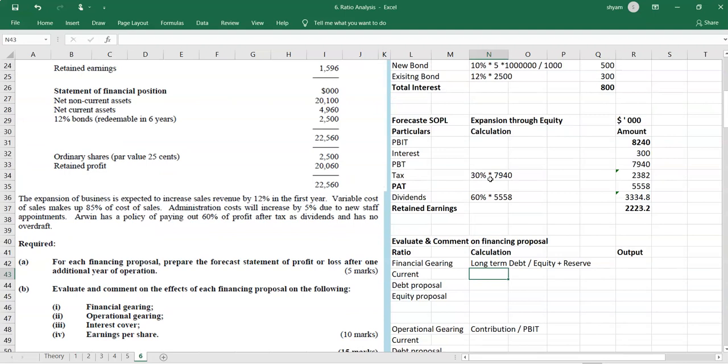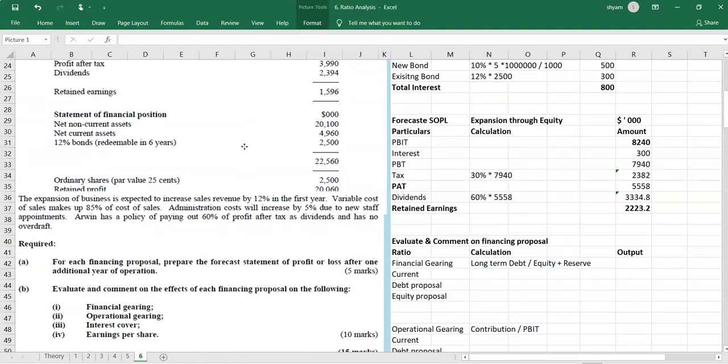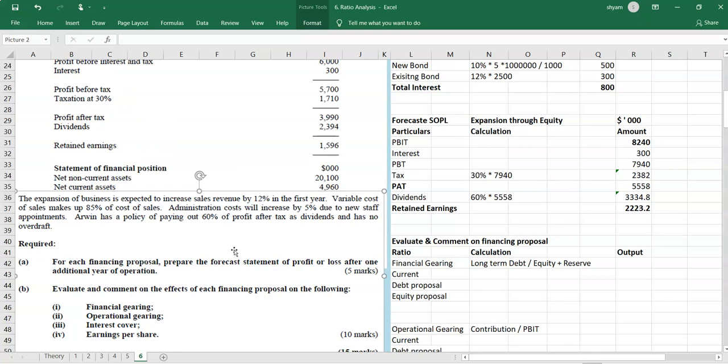So what is the current long-term debt? So we'll get the numbers here.